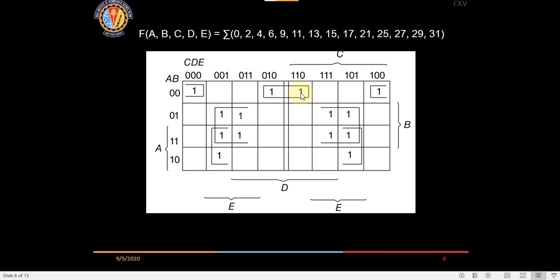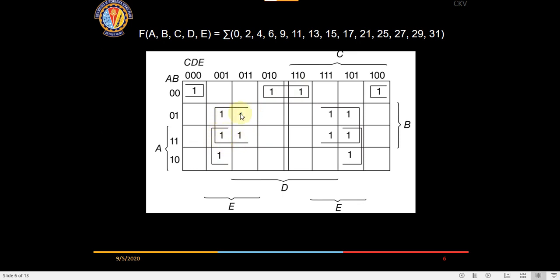Sir, D is also constant, right? A bar, B bar, D, E bar. It will be like this.